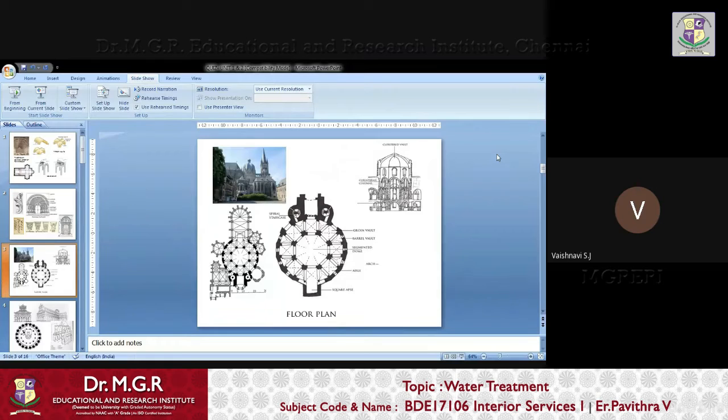So, who constructed this Palatine Chapel? Can anybody name the person, the architect who has constructed this chapel? Ma'am, very difficult question, ma'am.